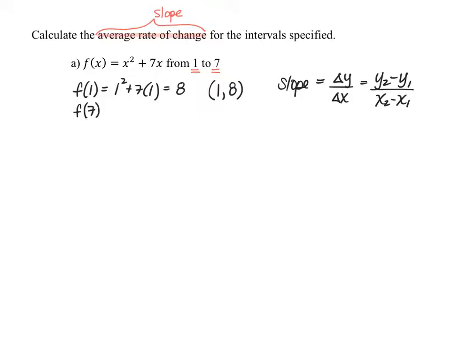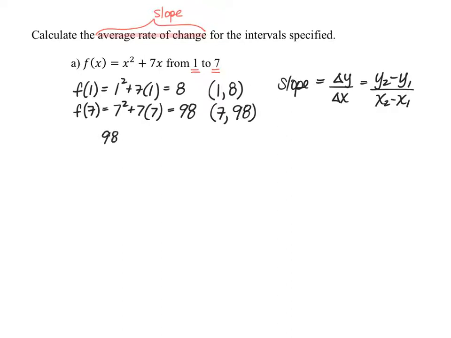Then we're going to substitute in 7. 7 squared plus 7 times 7. That will be 49 plus 49, which is 98. So when x equals 7, our output is 98. So now that we have our two coordinates, we're just going to subtract the y values, subtract the x values, and divide.